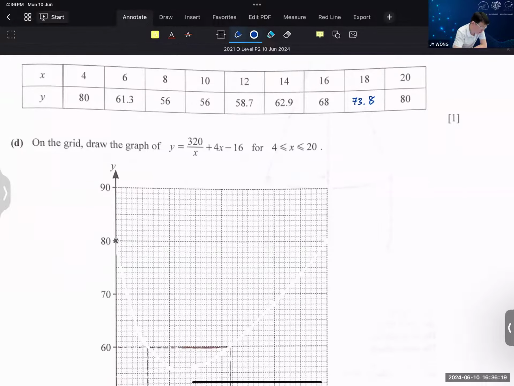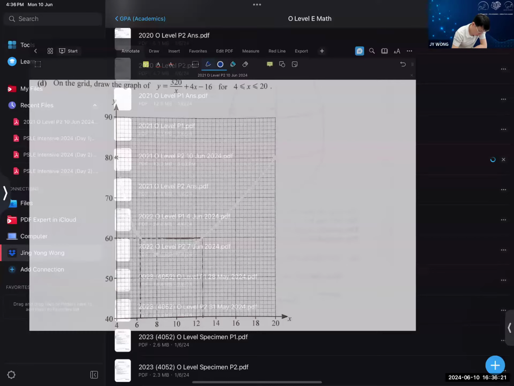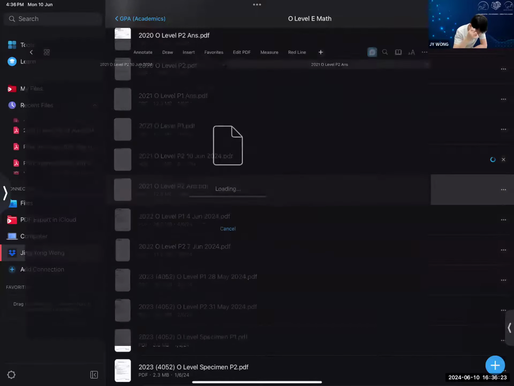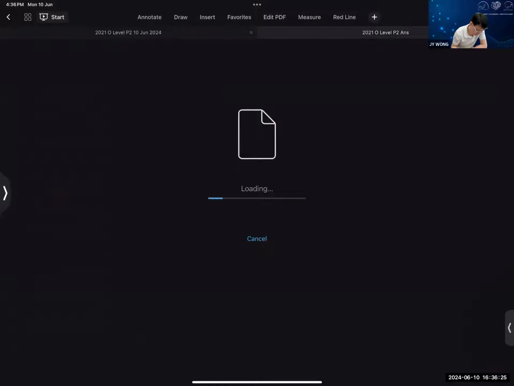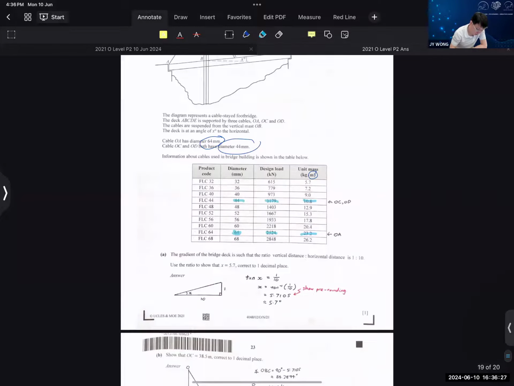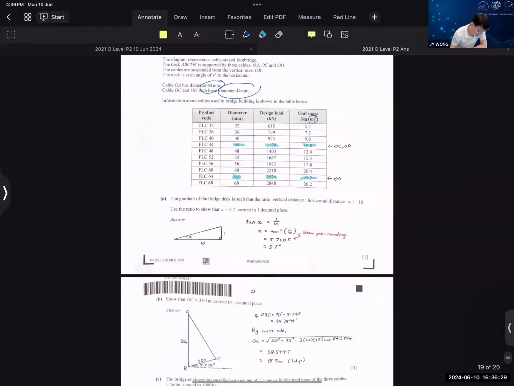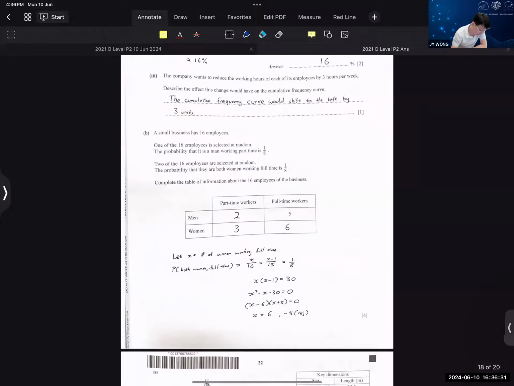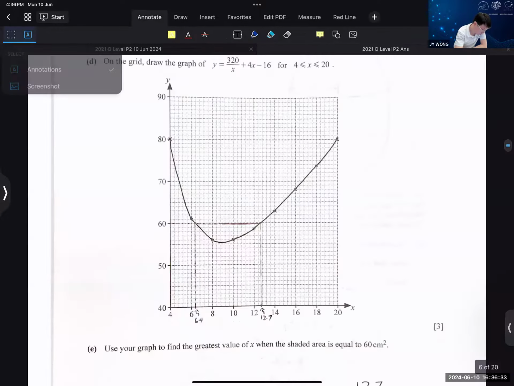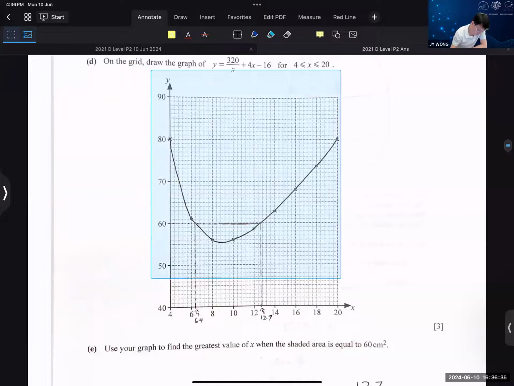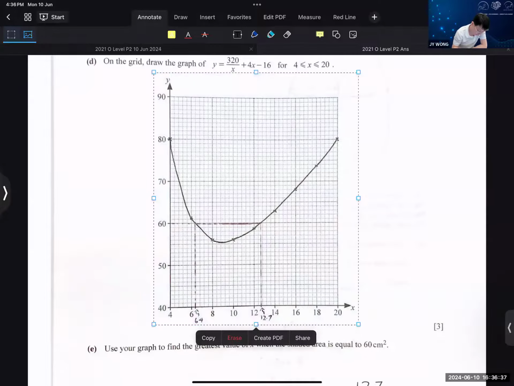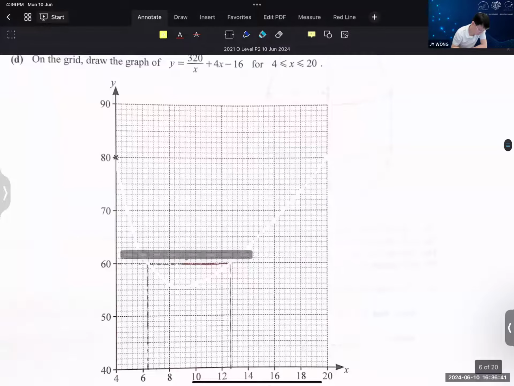I'm just going to show you roughly what the graph looks like. So your graph will look something like this. Okay, I free-handed it on the iPad, so obviously it doesn't look very nice.